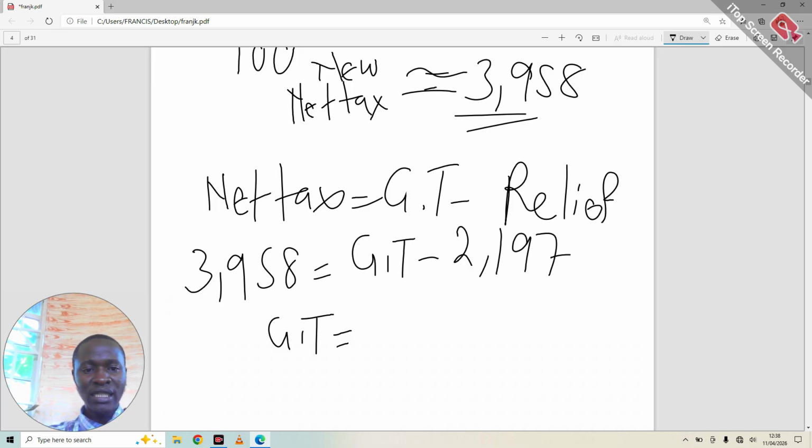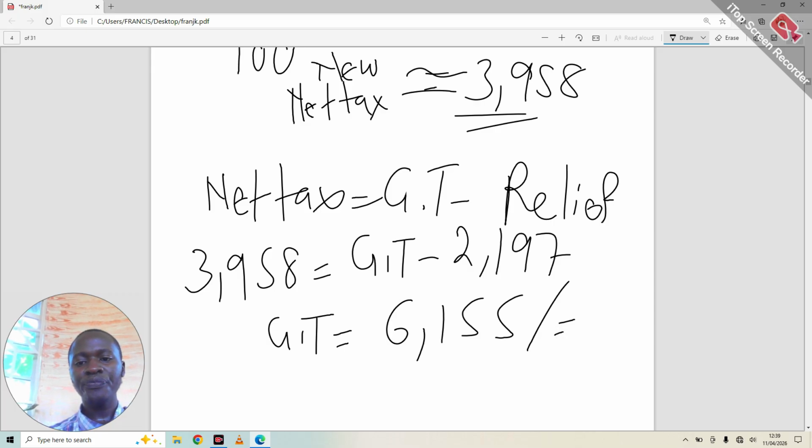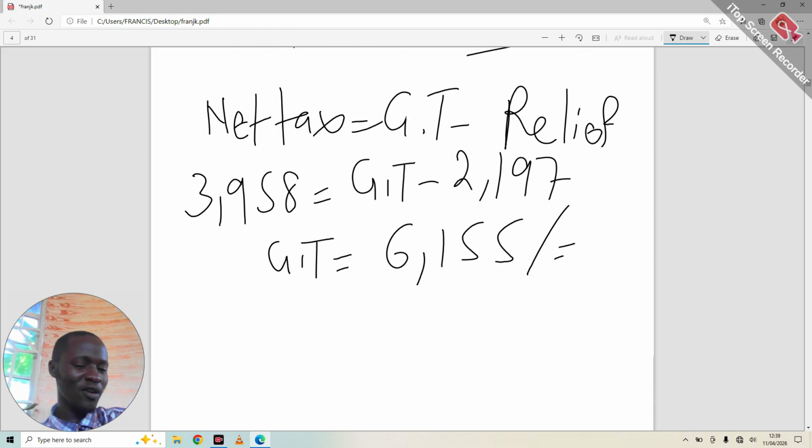So having 3,958 plus 2,197. Remember, when that crosses the equal sign, it becomes an addition sign. So we shall have 6,155 Kenyan shillings. Now remember, this is the gross tax.